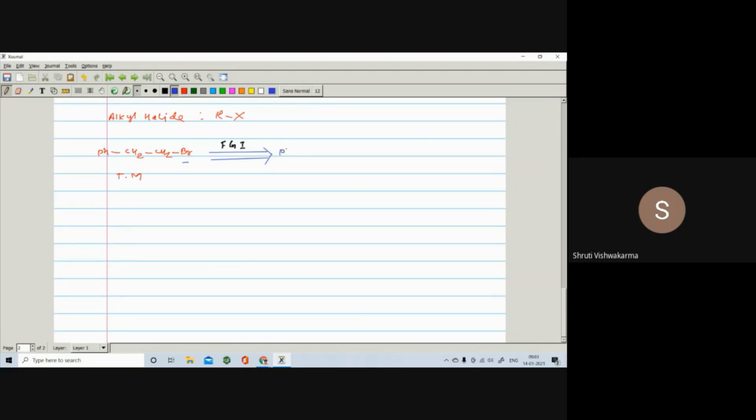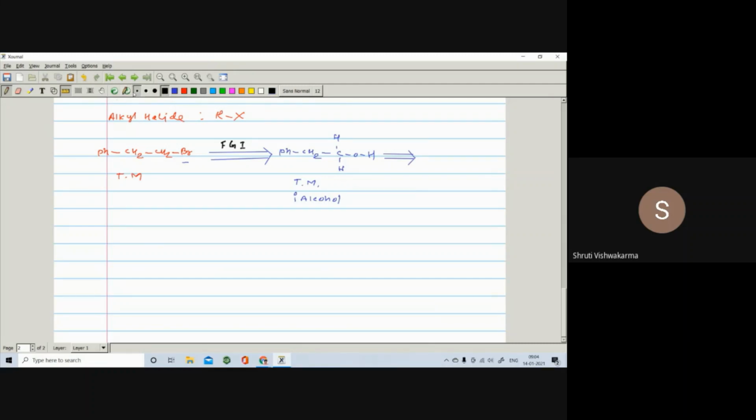So you get Ph, CH2, here is the C, H, here is also H, and here is OH. So this is your TM now, and it is a primary alcohol. The disconnection of a primary alcohol can take place only by one path. So let us see the disconnection of the primary alcohol.